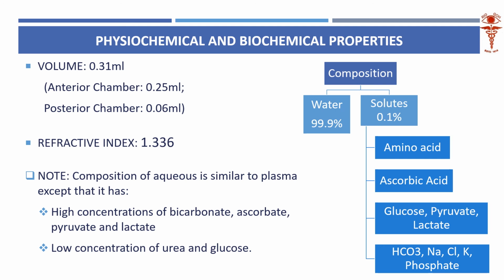That's the story. Composition: aqueous is almost 99.9% water, only 0.1% solutes, and that too mainly ascorbate, pyruvate, lactate, bicarbonate, sodium, chloride, potassium, phosphate, glucose, amino acids. So this is the aqueous humor basics.